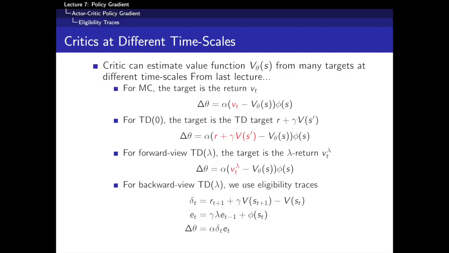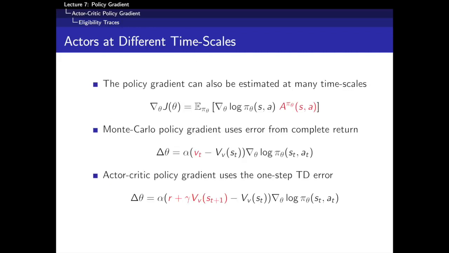And then we also had this idea of eligibility traces, which basically gave a backward view that was equivalent to plugging in this lambda return in the forward view. So hopefully this is starting to become a little bit familiar. If it's not, then go back to the notes, because it's useful stuff, a key idea. So what we're going to do now is to plug in exactly the same idea to our actors.